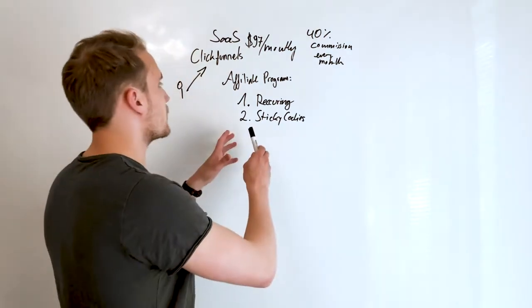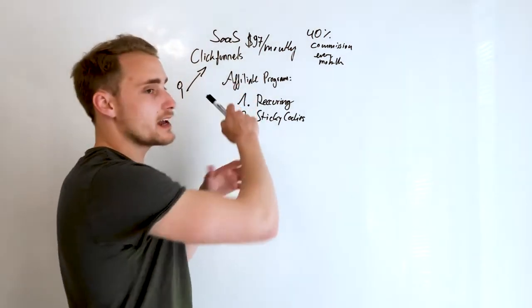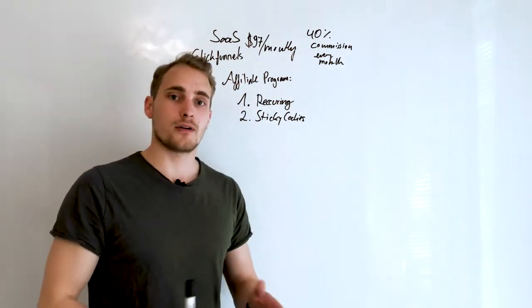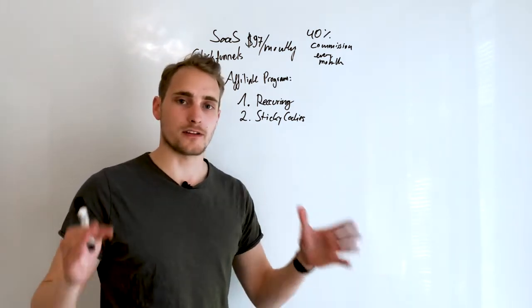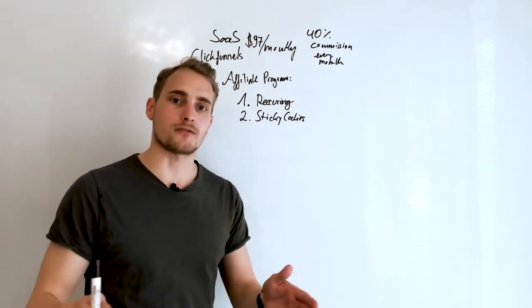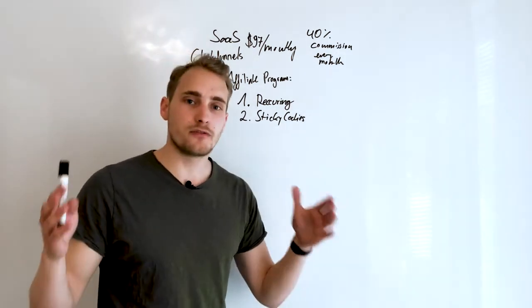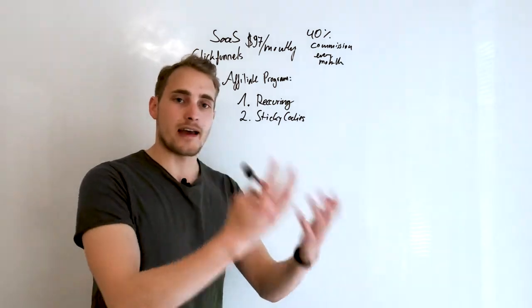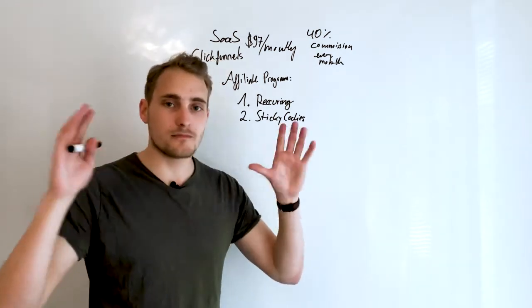What it does, basically, is ClickFunnels not only has their base software, but they also have a wide array of additional products, digital courses, additional software. They have close to 50 products, and they have books, you name it.